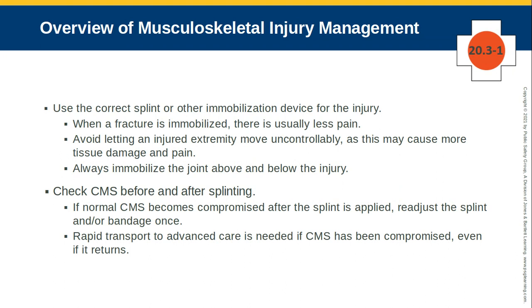If a patient has proper motor function and they can feel their fingers, for example, before you apply a SAM splint to their forearm, and then they feel numbness or tingling afterward, it may be that you've tied the splint on just a little bit too tightly. You can readjust it, verify that CMS is intact, and then move to transport.